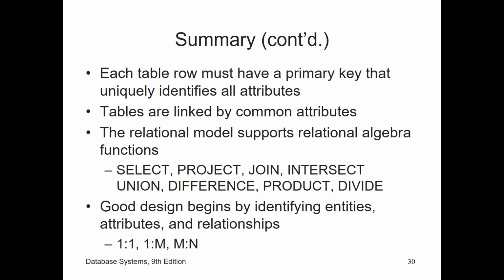Each table row must have a primary key that uniquely identifies all attributes. Tables are linked by common attributes. The relational model supports relational algebra functions. The operators include select, project, join, intersect, union, difference, product, divide.